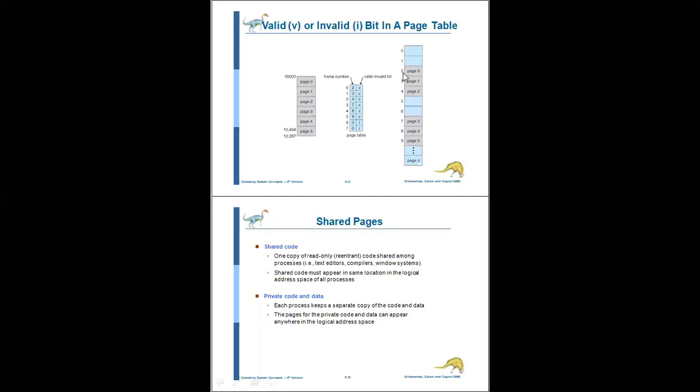At frame 2, we store page 0. At frame 3, we store page 1. At frame 4, we store page 2. In this way, we store the entire page structure into the physical memory. Is it clear?